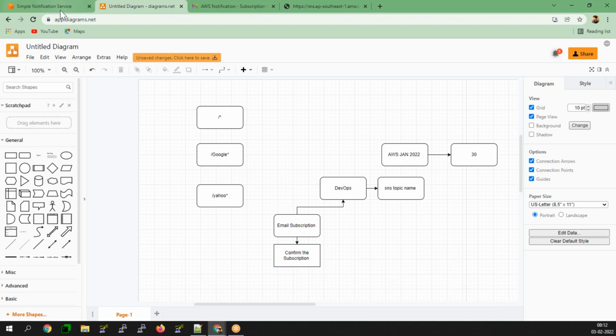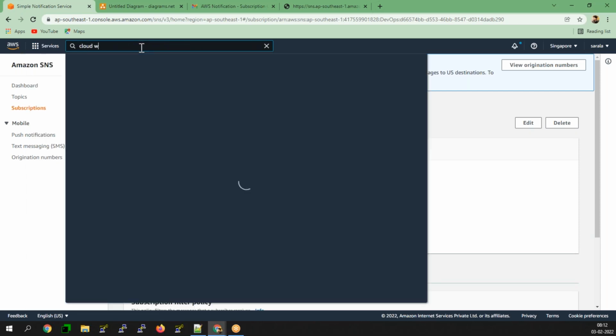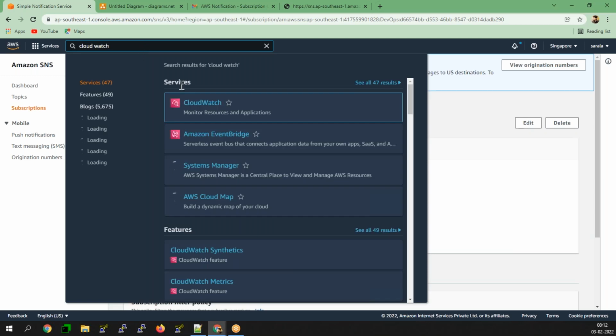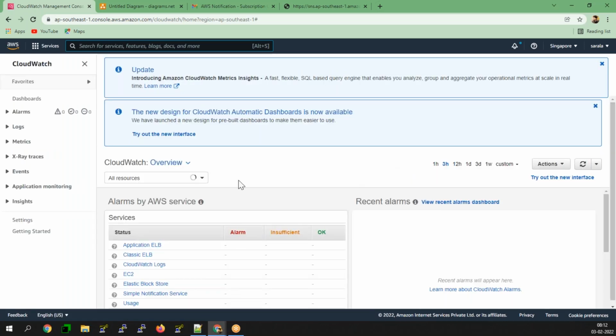Now you are going to enable CloudWatch monitoring here. Listen carefully. Go to Services, go to CloudWatch. Look here. CloudWatch is helpful in three ways.